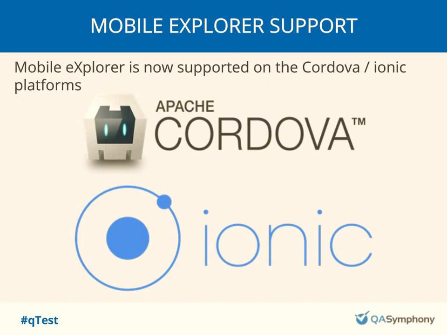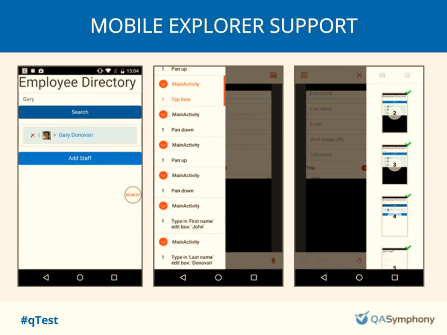So now we've got multiple ways to deploy your agent inside of those platforms, and to easily not have to worry about what platforms you want to develop your applications on. So that's something you'll need to check out if you're using either Ionic or Apache Cordova to do your mobile app development.